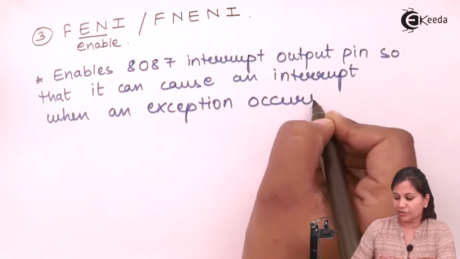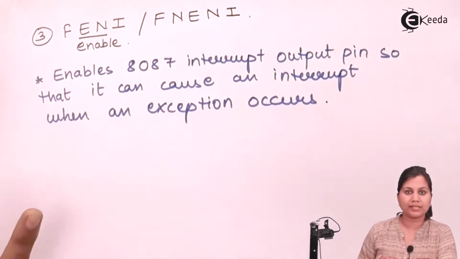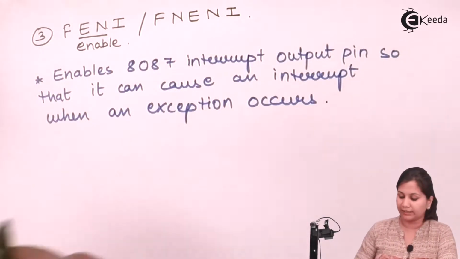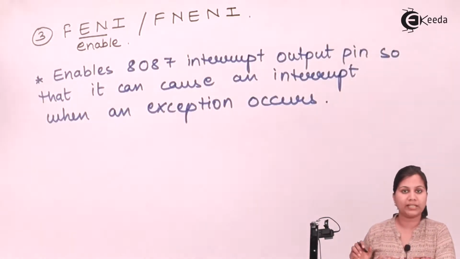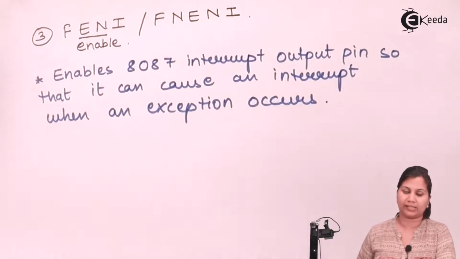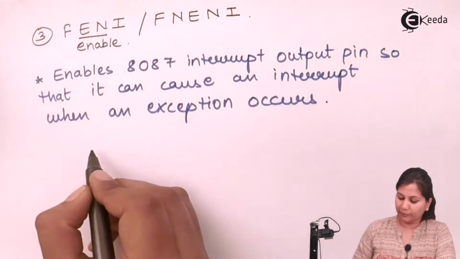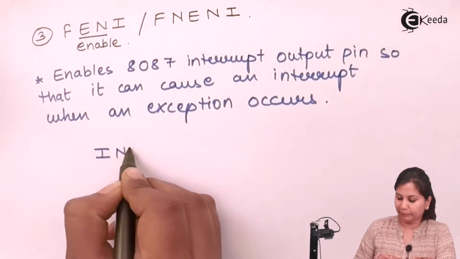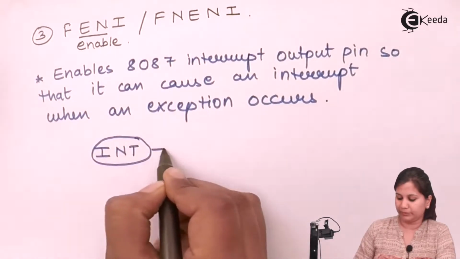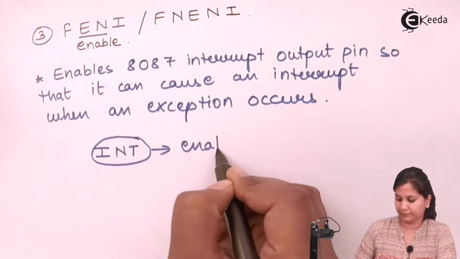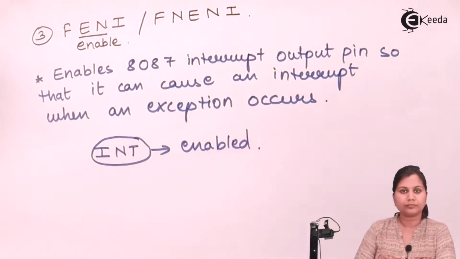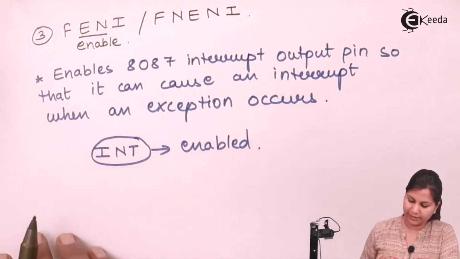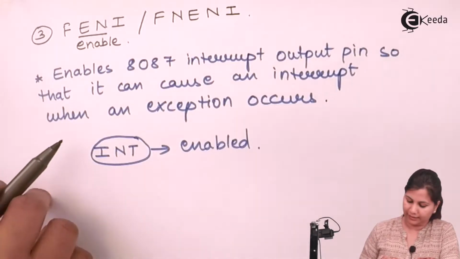So when this instruction is written, if any exception occurs in 8087, that exception is going to cause an interrupt to the 8086, because that INT pin is now enabled. So this is FENI.